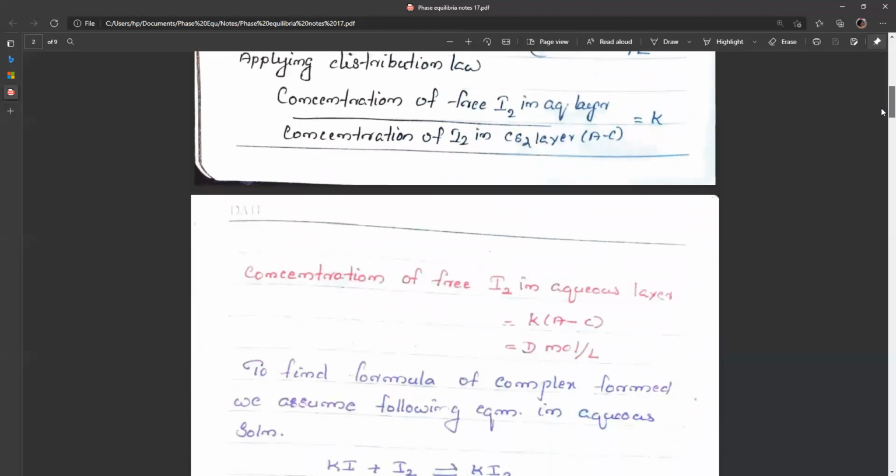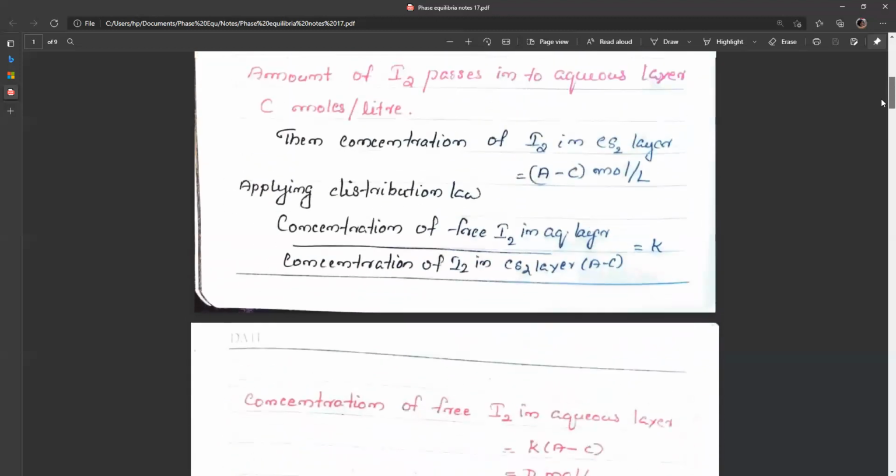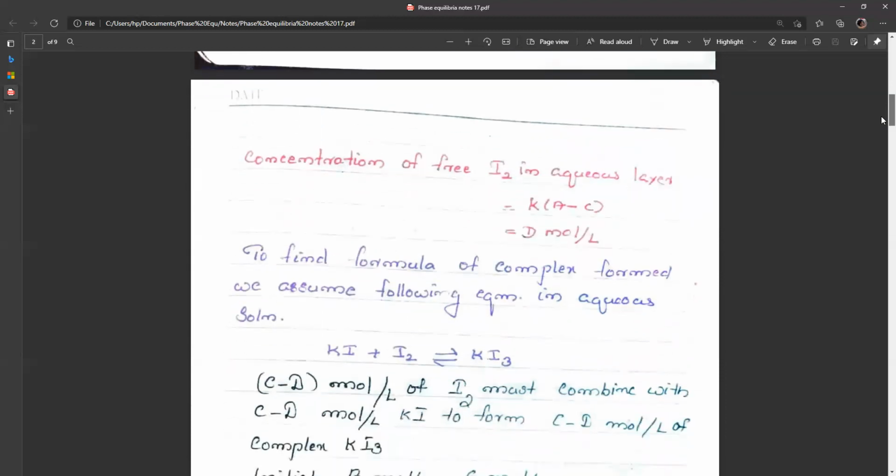To find the formula of the complex formed, we assume the following equilibrium: potassium iodide reacts with iodine to give KI3 in aqueous solution. D is the free iodine in the aqueous layer, and C is the total iodine in the aqueous layer.